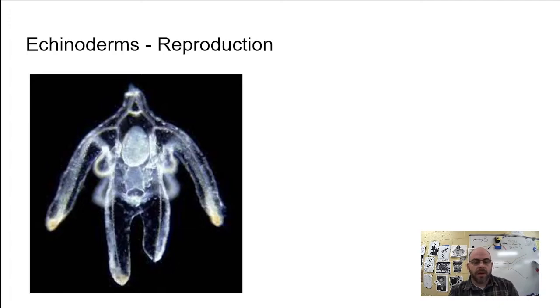Okay, reproduction. So external fertilization. And the big thing for reproduction for these guys is their larva, which you see there, has bilateral symmetry. And so this is one of those instances in which a lot of times the developmental stages of an organism will mimic the evolutionary progress of an organism.